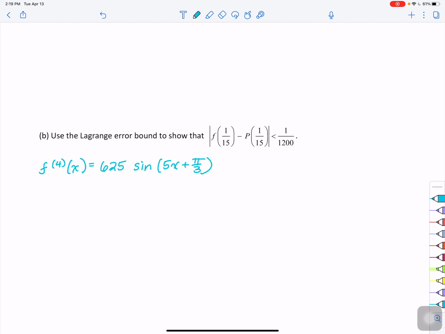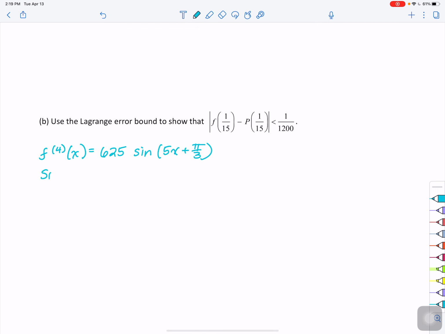Okay, now since, and this is really important, the sine of any theta is always less than or equal to 1, because it's between -1 and 1. And this is for, and I'm going to use this new notation, for all theta. Now this upside down capital A stands for all.